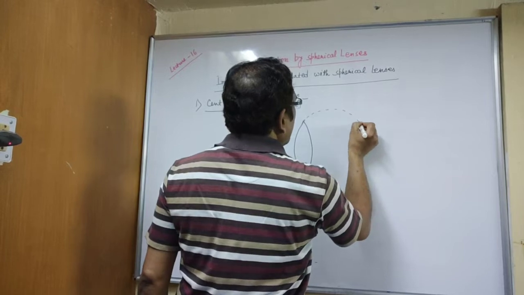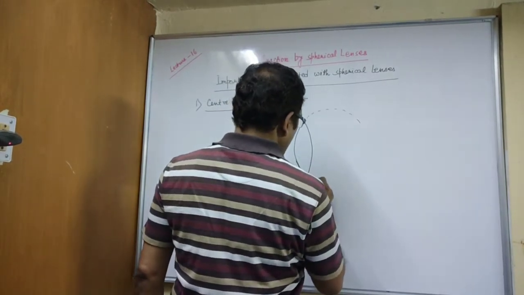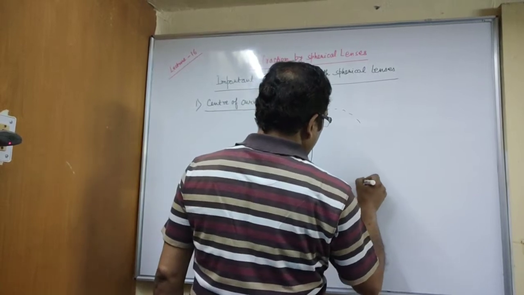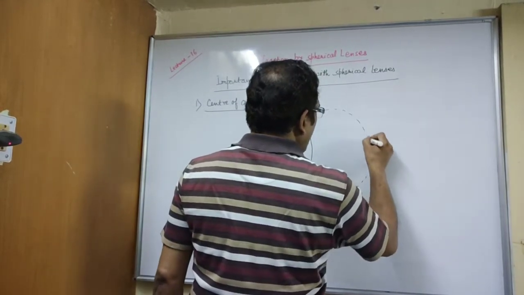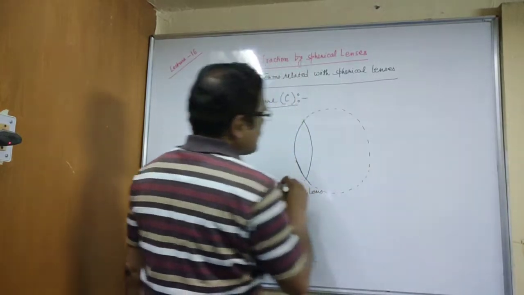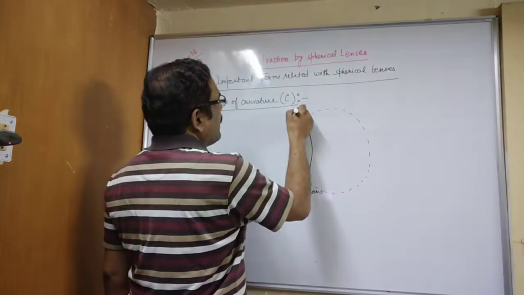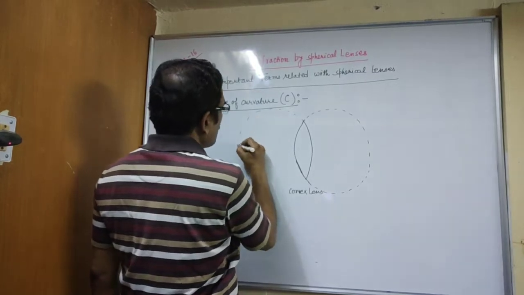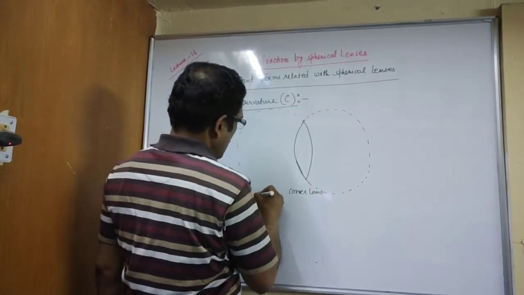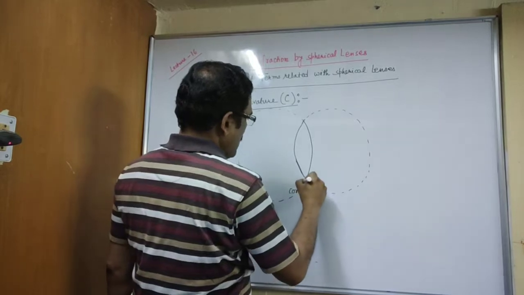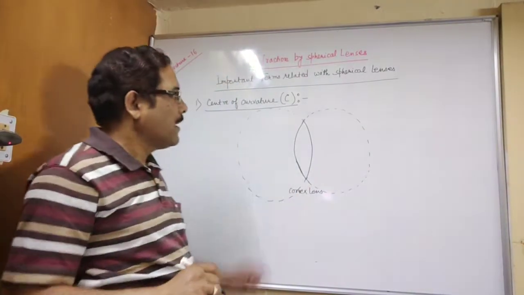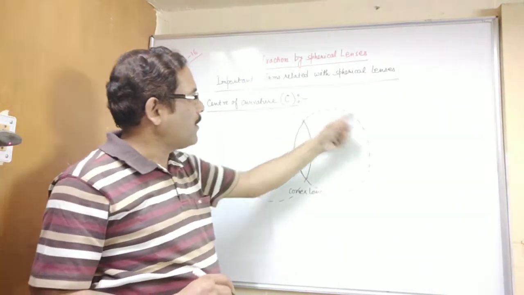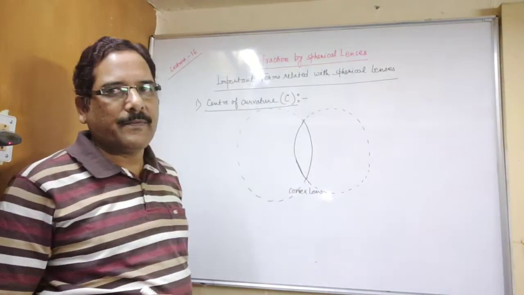So we can construct a hollow glass sphere considering these two spherical surfaces, one like this and another one like this. So we can assume that these two curved surfaces are part of two hollow glass spheres.